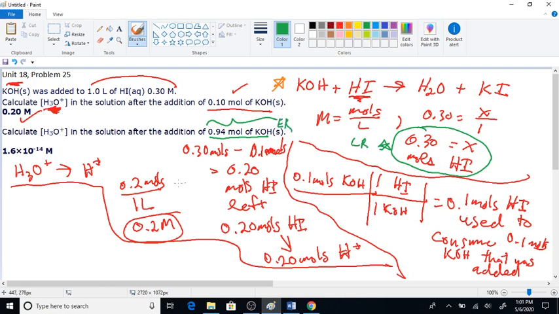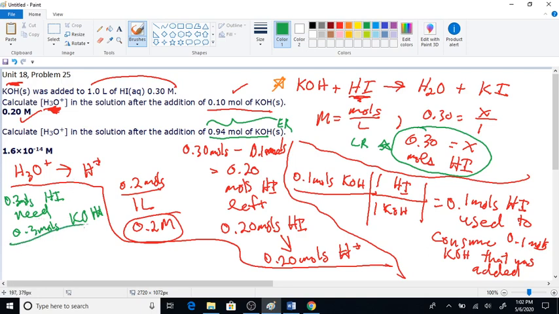Okay, we need to figure out how much we used of it. So 0.3 moles, and it's a 1 to 1 ratio again, so 0.3 moles of HI. So how much do we need? 0.3 moles of KOH. Boom, those react, and so this is gone and this is gone.